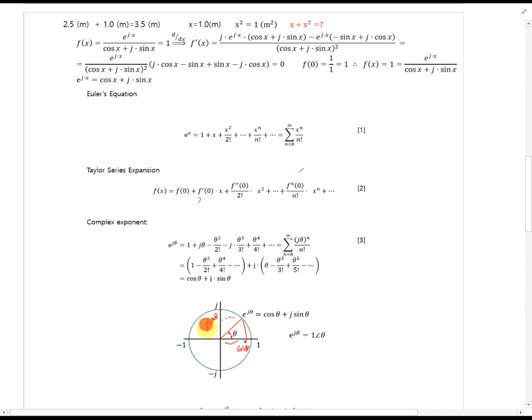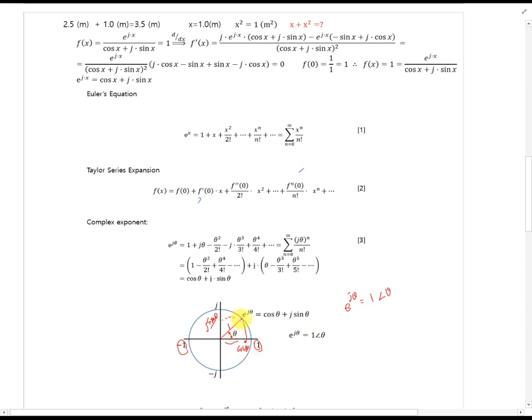So the complex exponent e to the j theta is just this angle. The magnitude is 1 at this moment, this length is 1, so this is the unit circle. We can write e to the j theta as magnitude 1, angle theta. So geometrically, this point.